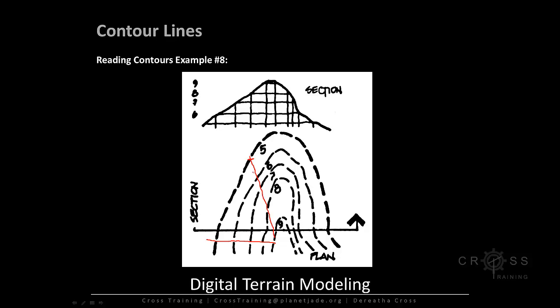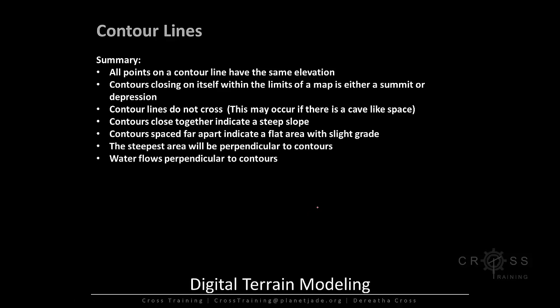So the spacing from here to here is much greater than the spacing from here to here. The same is especially true from here to here compared to here to here. And then water flows perpendicular to contours.